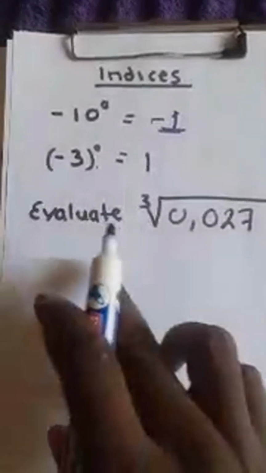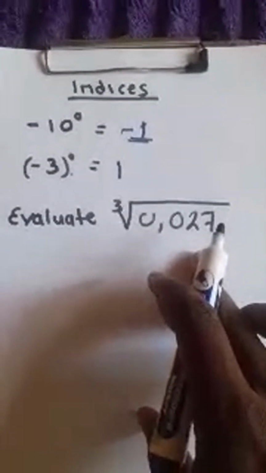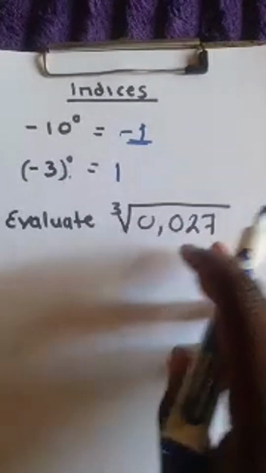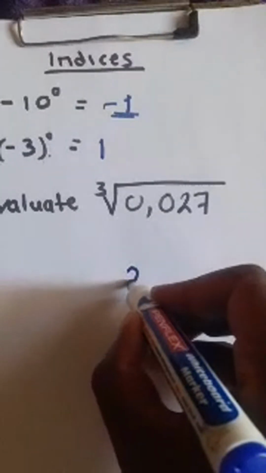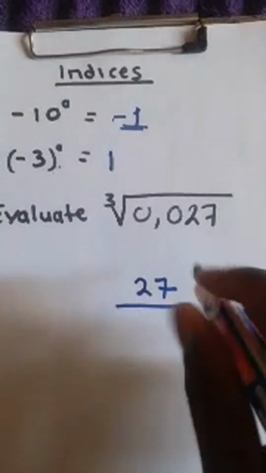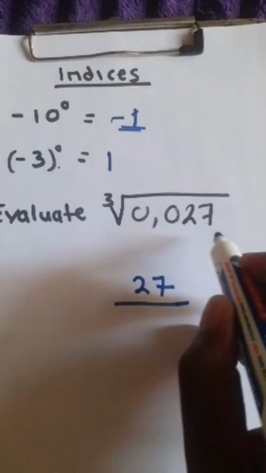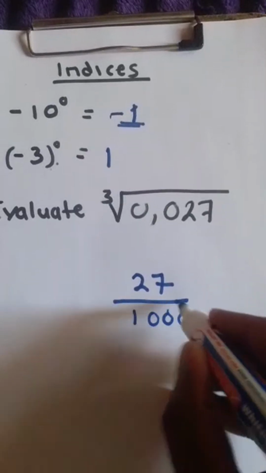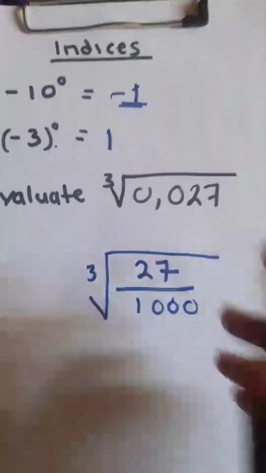So let's evaluate this one right here. Evaluate the cube root of 0.027. Let's first simplify this one. This is the same as 27 over how many places after the comma? 1, 2, 3 digits, so it's 1000. Cube root of 27 over 1000.